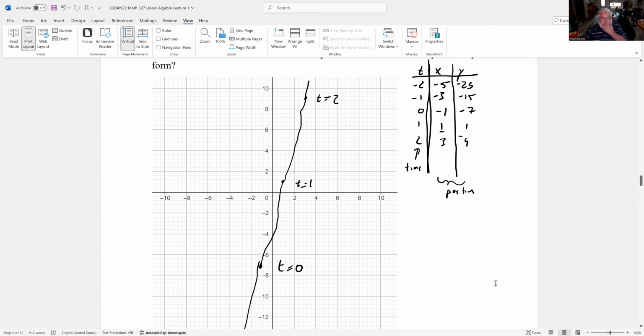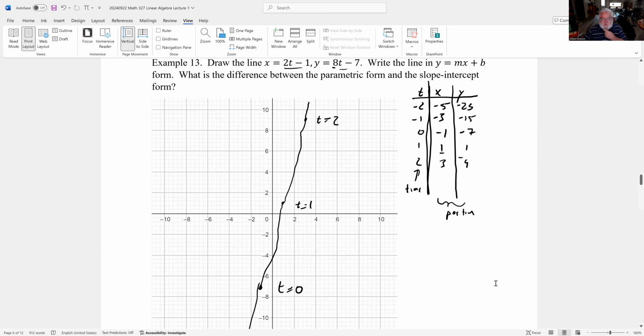So there's our graph. And we can write this in y equals mx plus b form, right? The usual slope-intercept form that you're used to. x equals this, y equals that. You can solve this for t. (x plus 1) over 2 equals t. And then plug it into y.